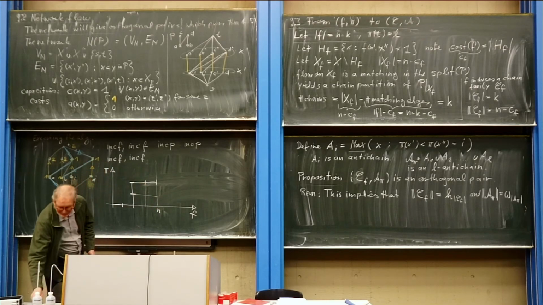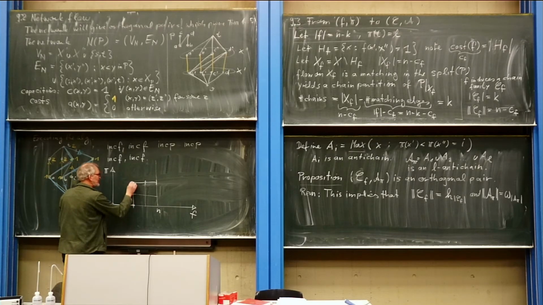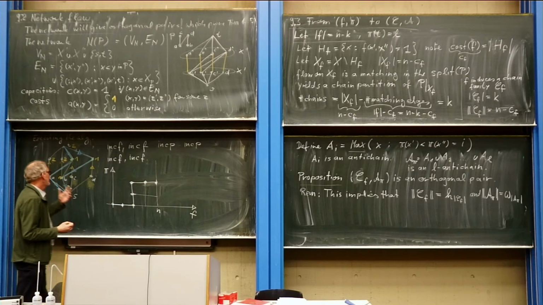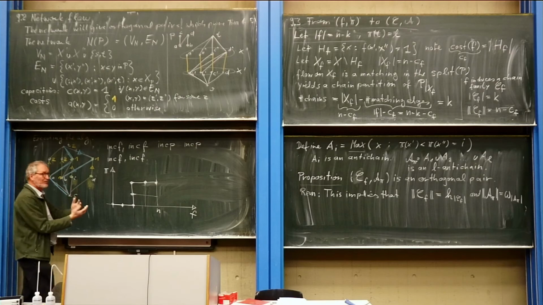Now with each of these points on this path, we have a chain family and an antichain family, and they form an orthogonal pair.